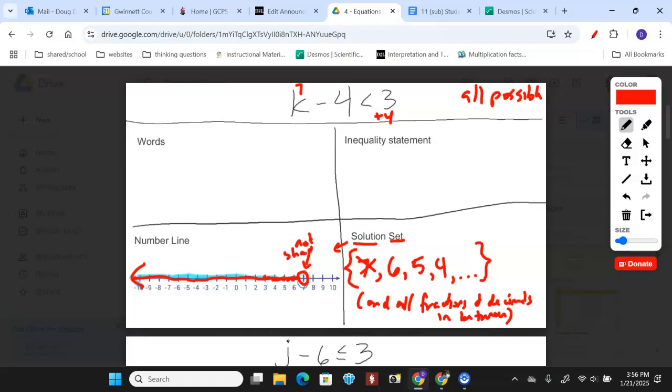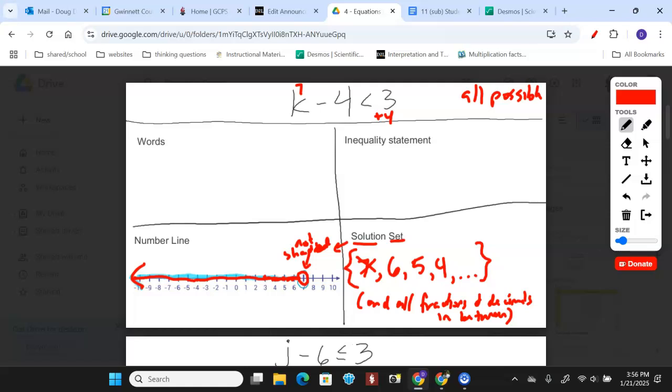I circle it to show that I, on purpose, have not shaded it. It's kind of like putting the X through the 7 here. It's like right up to 7, but not 7.